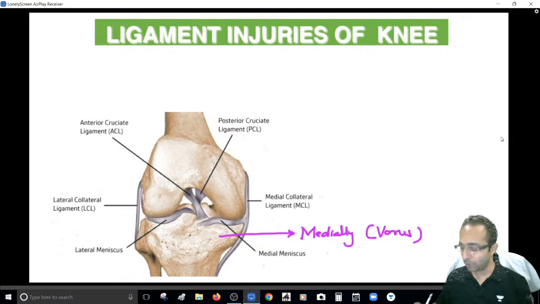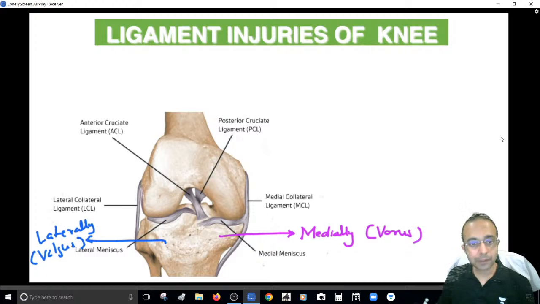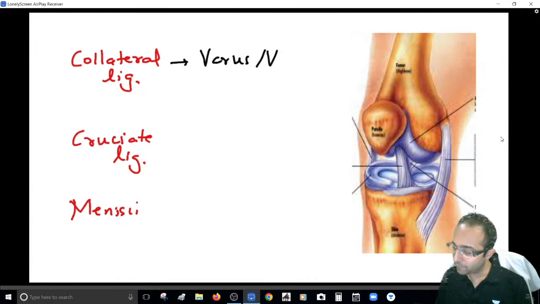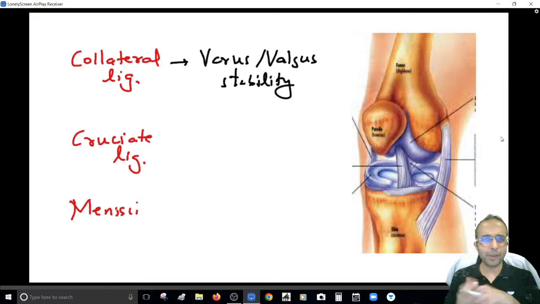When the tibia tilts medially, the lateral collateral ligament will prevent that tilt. Quite similarly, if the tibia tilts laterally, we call this a valgus tilt, and this valgus slipping of the tibia will be resisted by the MCL. So these collateral ligaments provide varus valgus stability to the knee because they are running on the sides of the joint. Pretty much imaginable now.